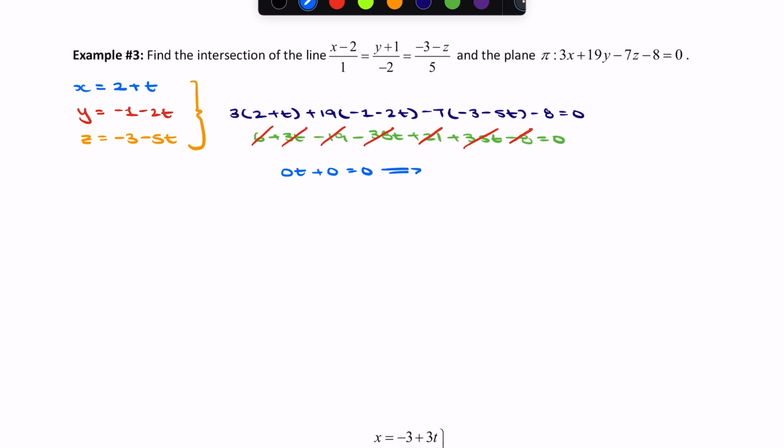What that means is that there are infinite solutions for t, and that would mean that there are infinite POI, which means that the line lies on the plane.